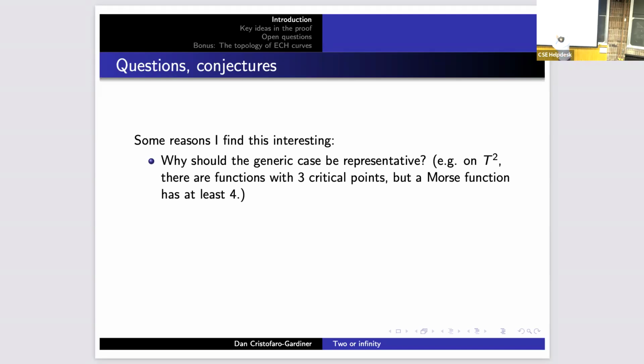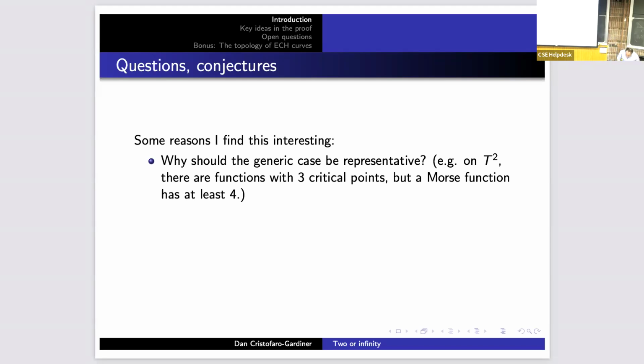So it seems that they're saying something like this kind of functional on the loop space has to behave rather differently than you would expect from Morse theory. Like on a finite-dimensional manifold, you actually wouldn't expect that the minimum number of critical points is realized in the non-degenerate case.